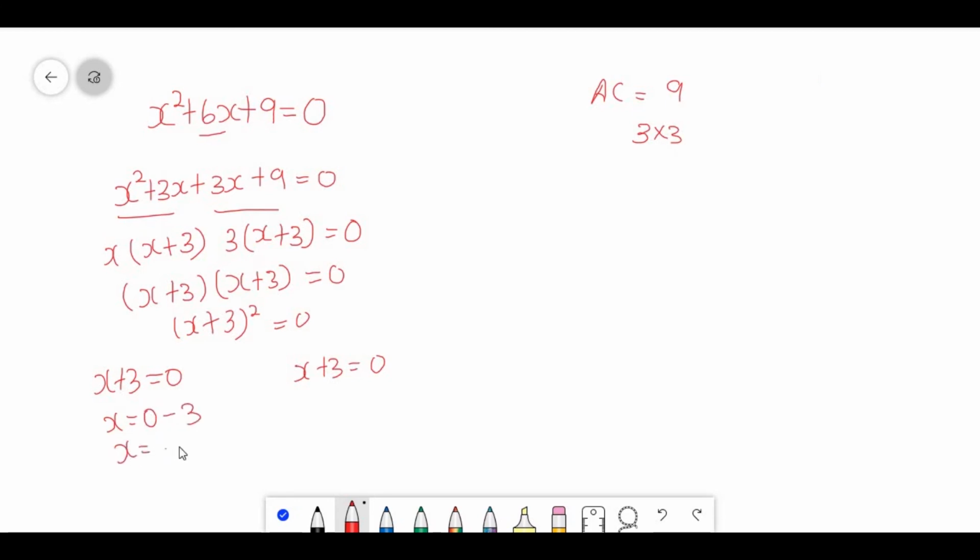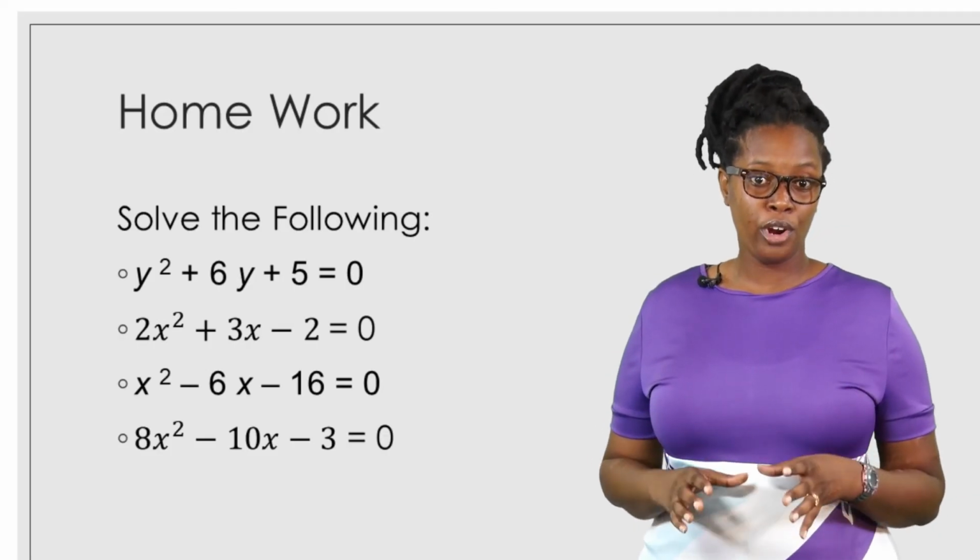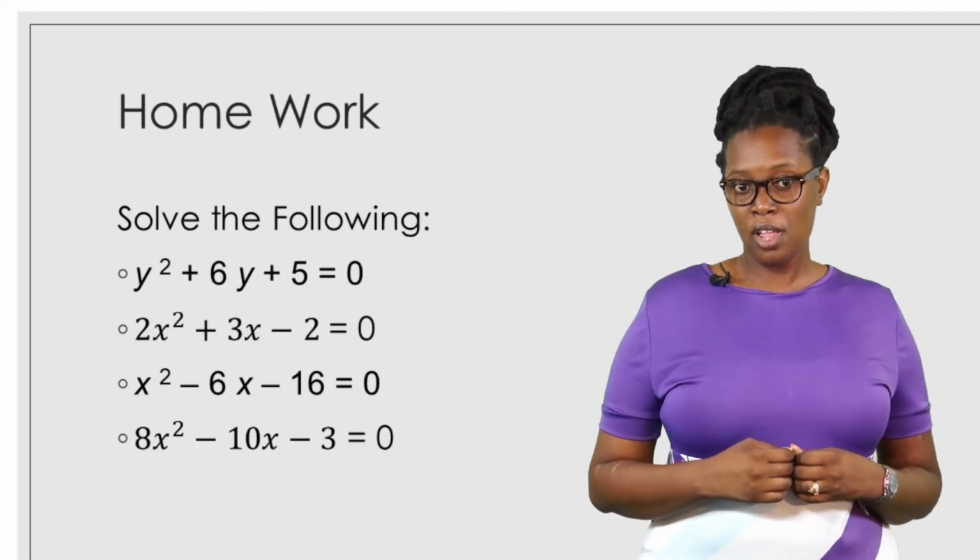X is equal to negative 3. Same thing over here. X is equal to 0 take 3. So x is equal to negative 3. So when we solve this quadratic equation, x squared plus 6x plus 9 equals 0, we found that x is equal to negative 3.